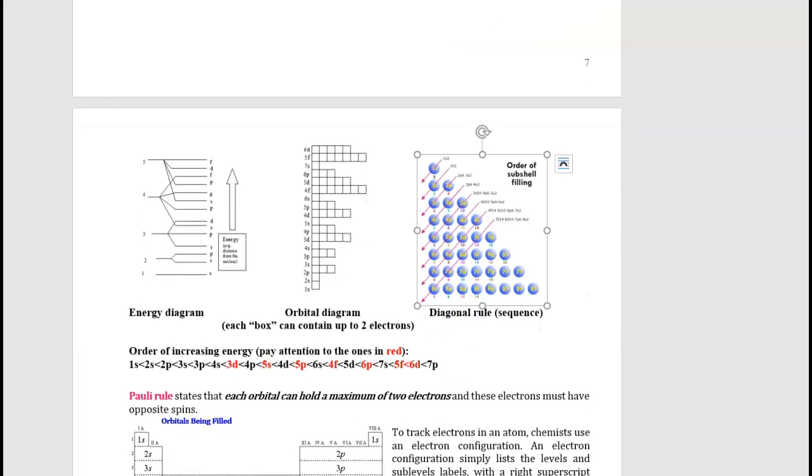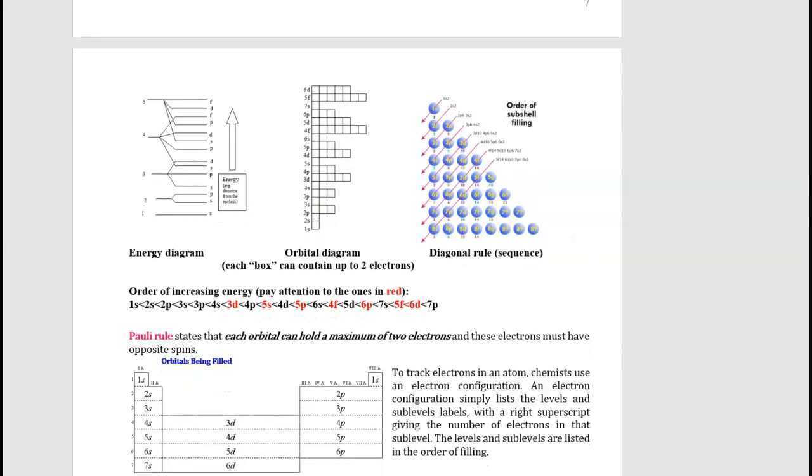This is the order of subshell filling, right? So we can try to write down the order for each element, how they are built.